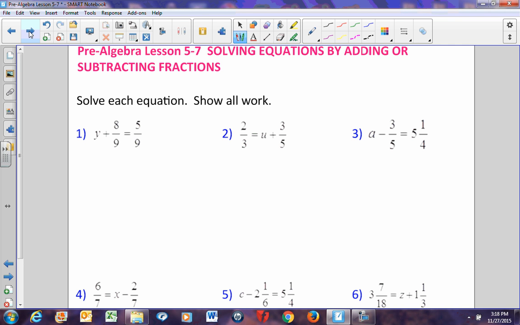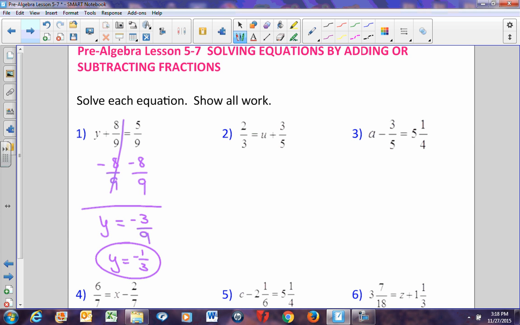I need to subtract 8/9 from both sides. I'm a big proponent of writing them vertically because it's a lot easier. These cancel, leaving y equals 5 minus 8 is negative 3/9, which reduces, so y equals negative 1/3.